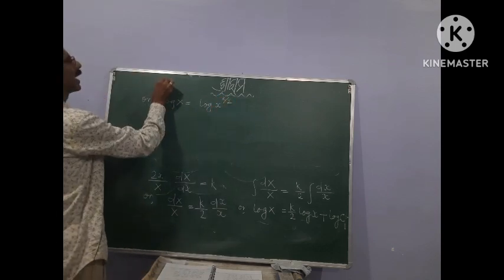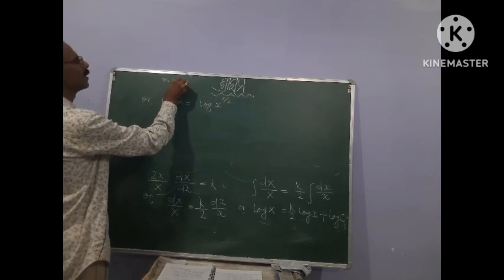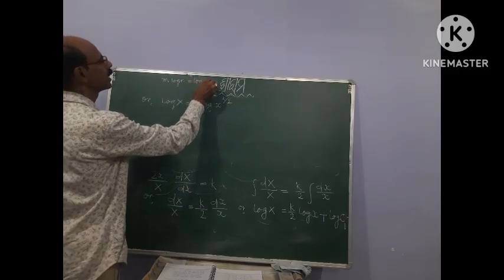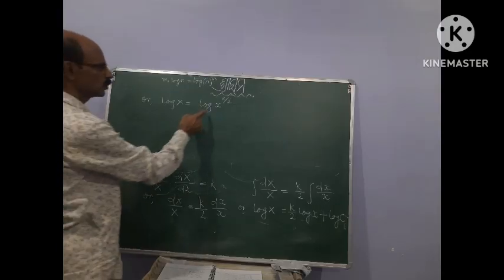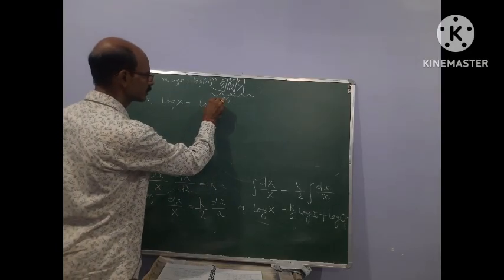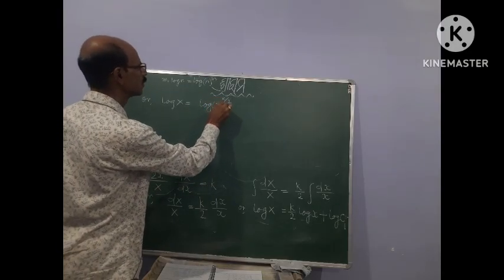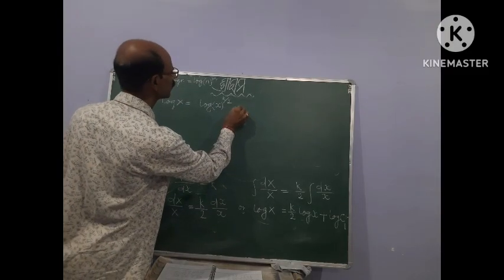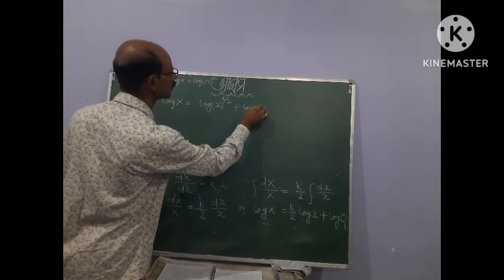We know that m log n is log n to the power m. So similarly it is written like this, log x power k/2, plus log c1.